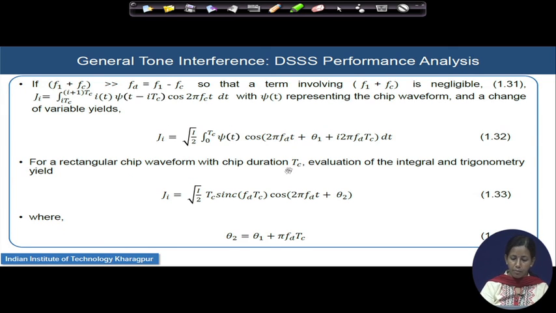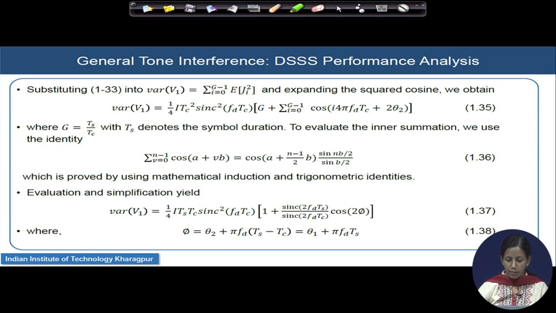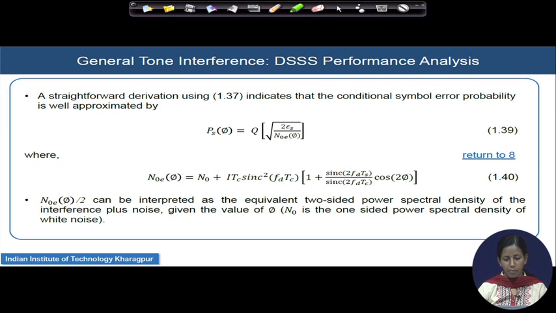Whenever we came from here to here, we considered that the chip waveform is substituted by the rectangular one, apart from the consideration that integration will be done and some trigonometric knowledge will be applied to solve equation 1.32. So all the expressions derived till this variance computation hold good only for the rectangular chip waveform. Let us revisit a little before proceeding further on the computation of Ps.